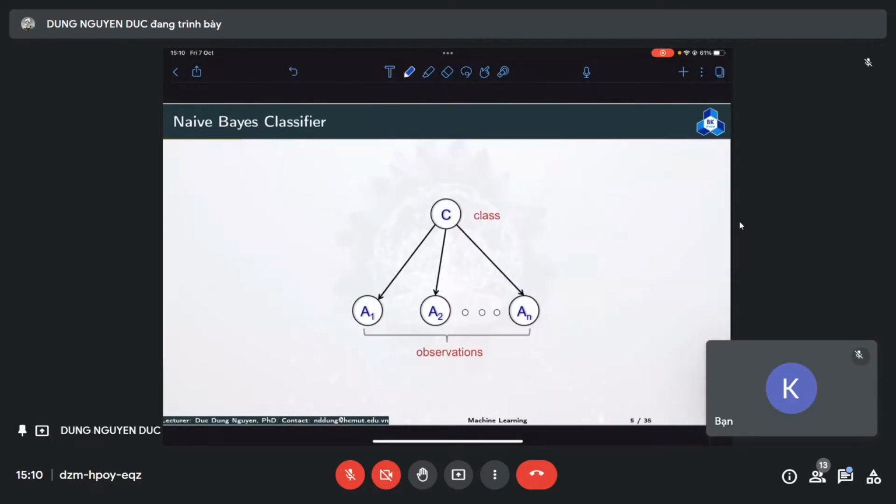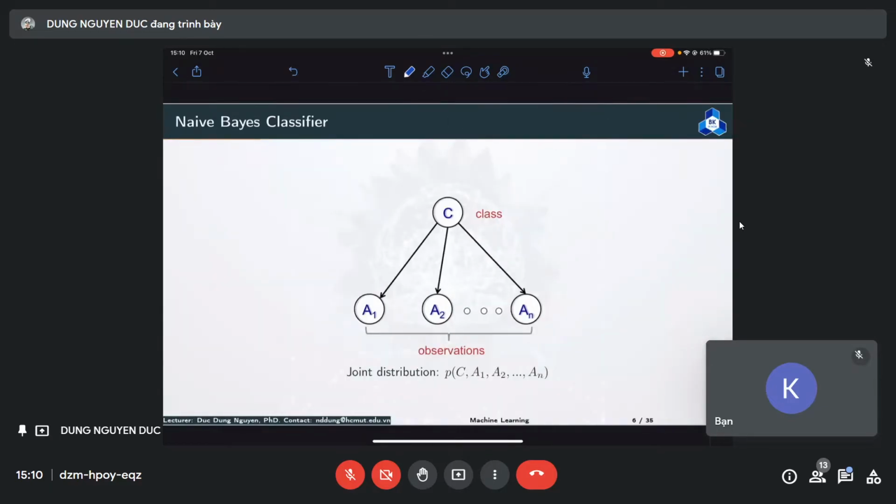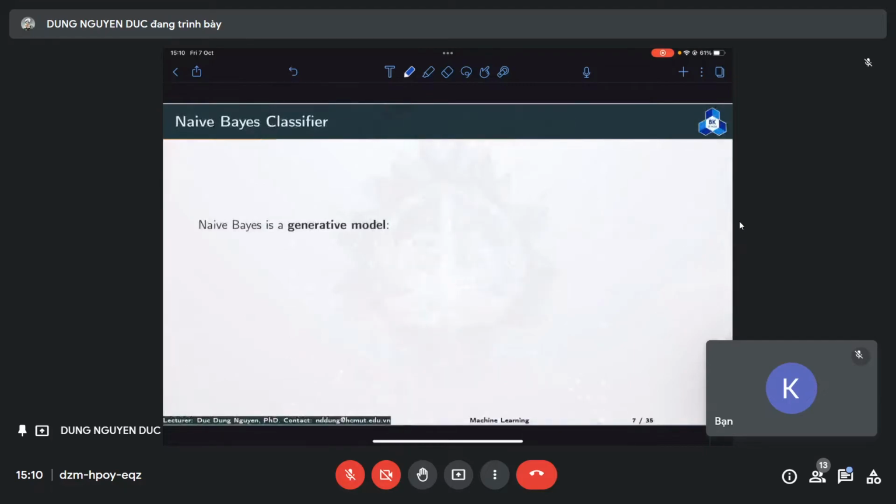All right. So that's what we have so far, and that's kind of convenient, right? Given that, we can easily calculate the joint distribution of our data. Now, when it comes to this, we say naive Bayes is a generative model. Why is it a generative model? Because there is a definition of generative models. Remember, if you have the probability of something like X, can we generate the data?